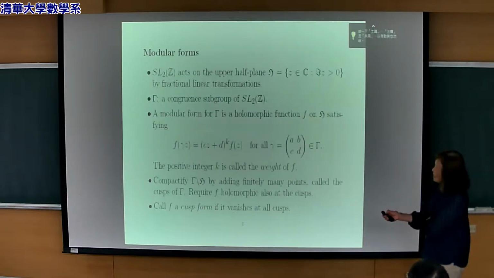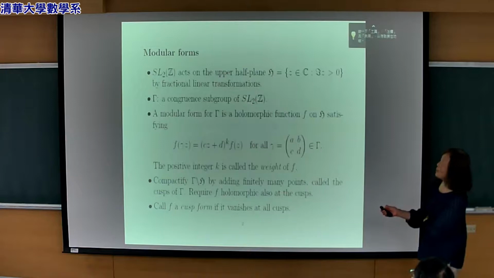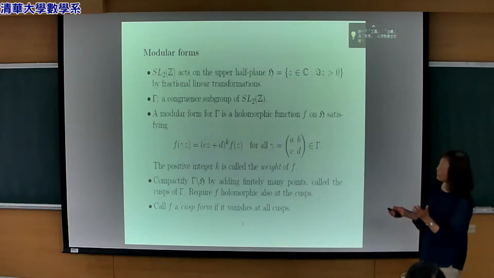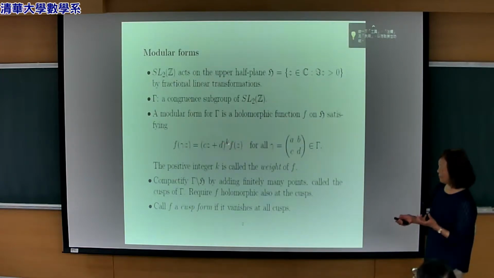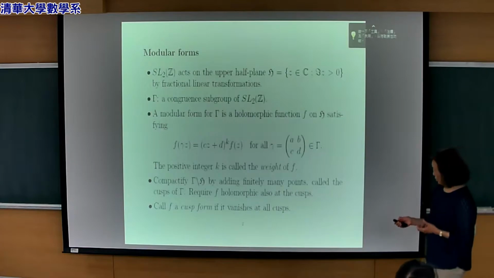Let's consider the basic group, SL2Z itself, and think about the cusp forms for SL2Z, beginning from low weight, k equal to 1, and going all the way up. The first weight for which SL2Z has a cusp form is k equal to 12.